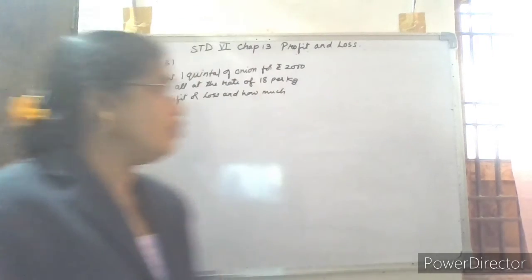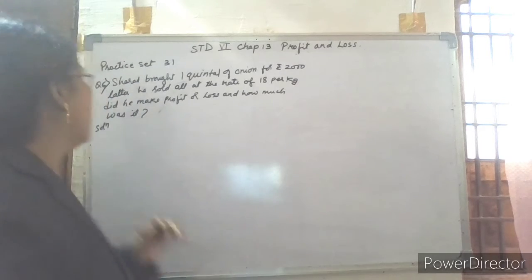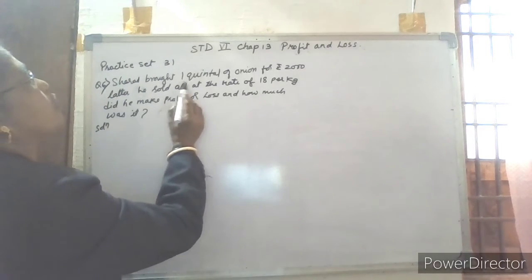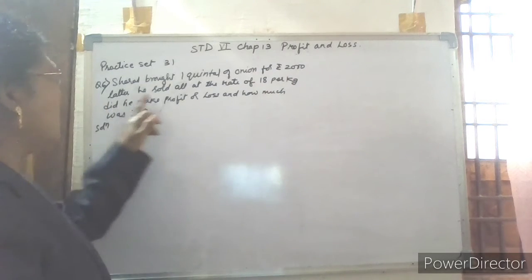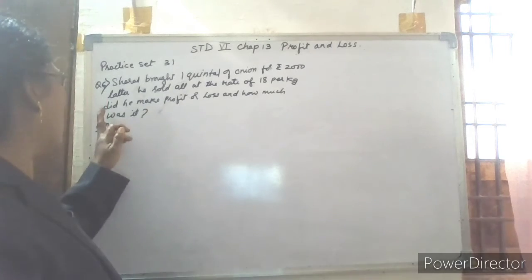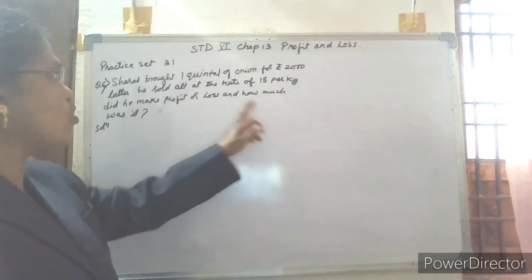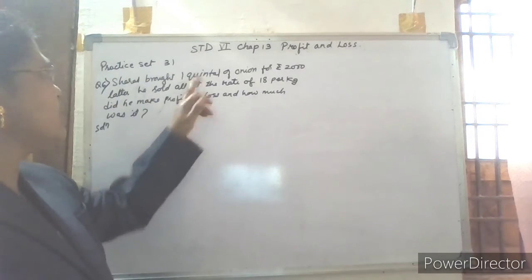Now we go to the last question, question number 6. Seventh question is cancelled. See, Sharad bought 1 quintal of onion for rupees 2000. Later he sold all at the rate of 18 rupees per kg. Did he make profit or loss, and how much was it? 1 quintal contains 100 kg.